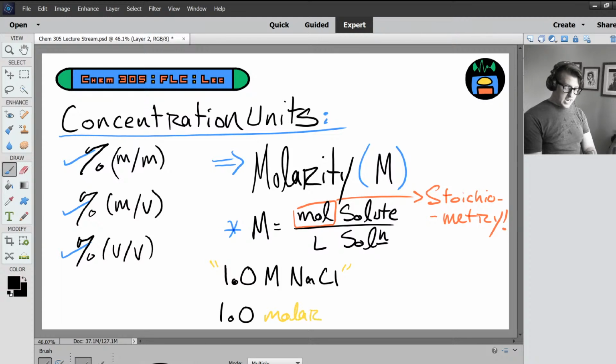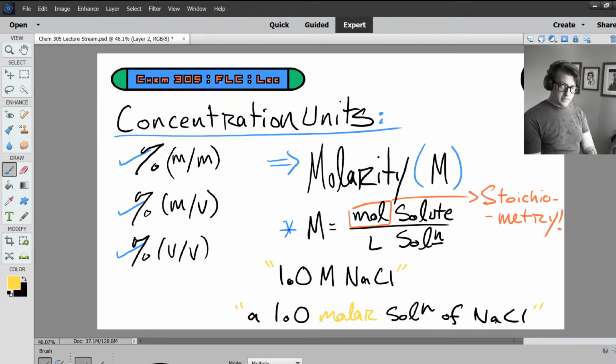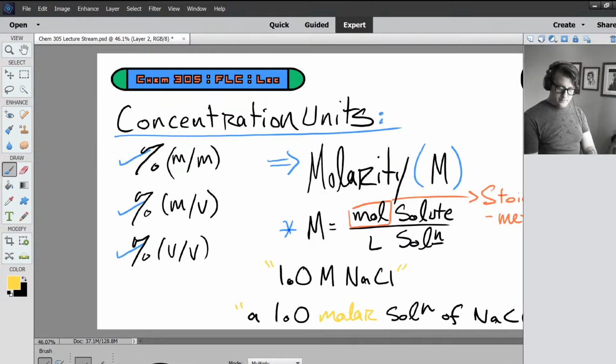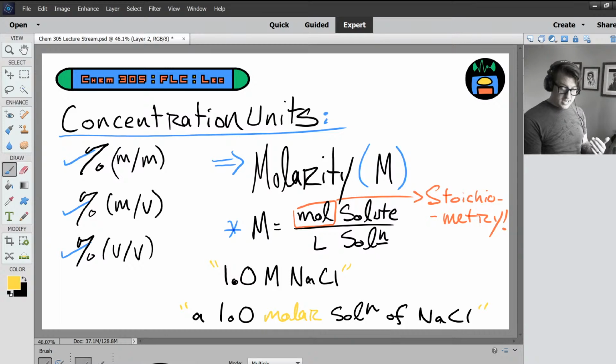So you'd say a 1.0 molar solution of sodium chloride. So that's how you would read that. If you're reading it on the page, you'll hear me say that as I'm teaching. We have a 3 molar solution or a 0.46 molar solution. That's what that means. Whenever you hear molar solution, the unit that we're talking about is the unit of molarity.